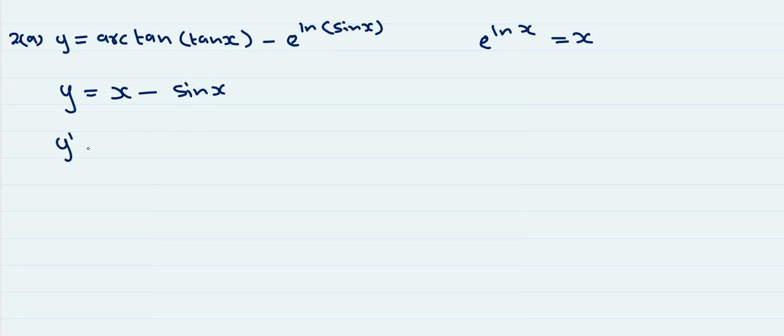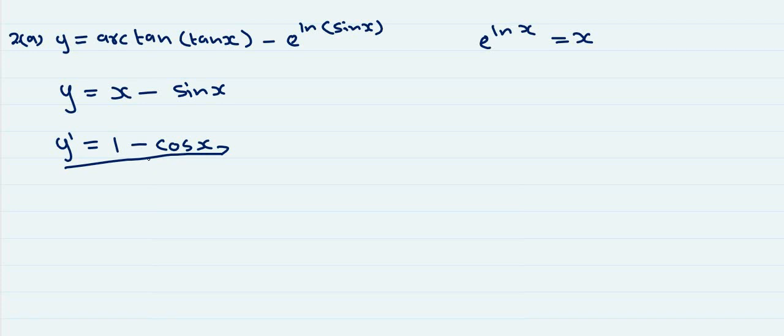Then y prime equals the derivative of x, which is 1, minus the derivative of sine, which is cos x.